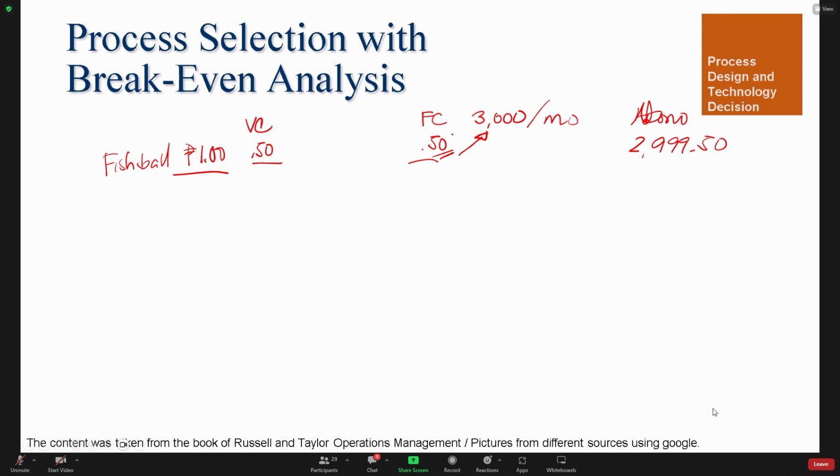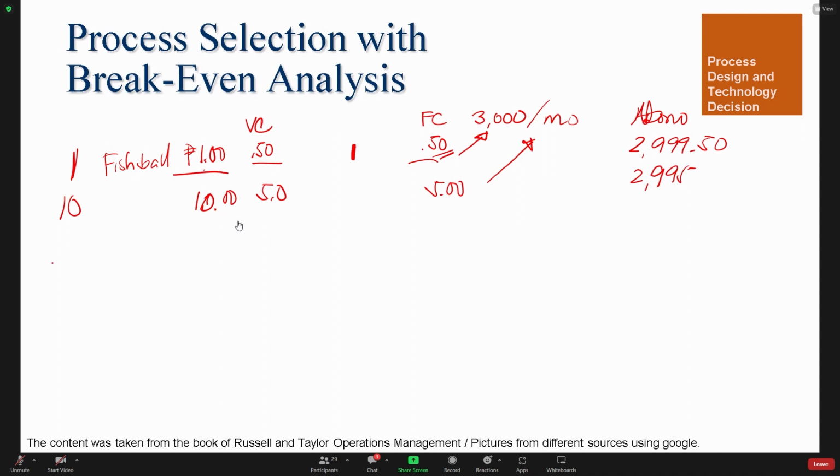Okay. Kung nakabenta ako ng 10 fishball, magkano ang fishball? Okay, piso ang isa, so 10 pesos. 5 piso sa puhunan, sa paggawa, at 5 piso mapupunta sa rent. Yan. So, magkano ang babayaran kong abono? 2,995.